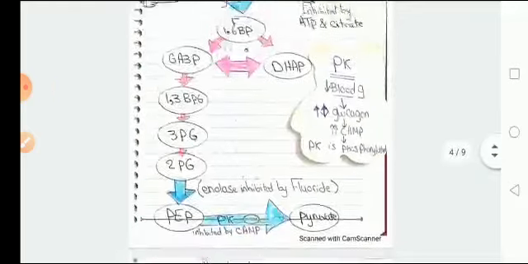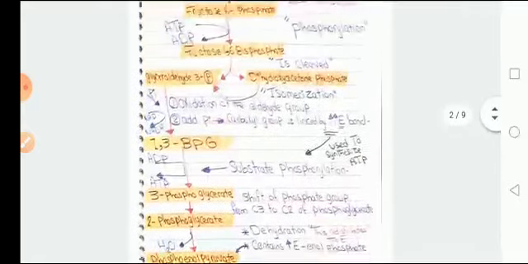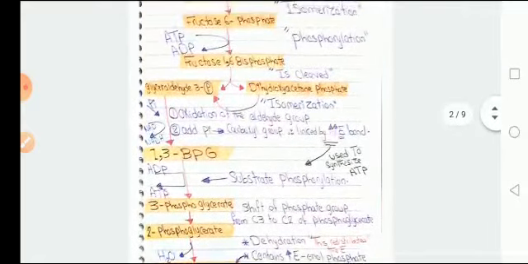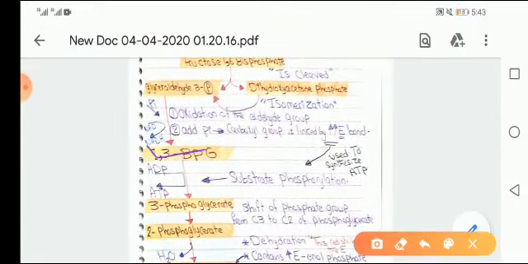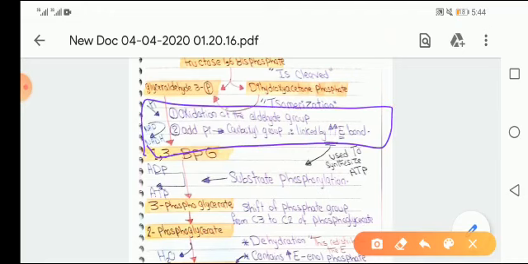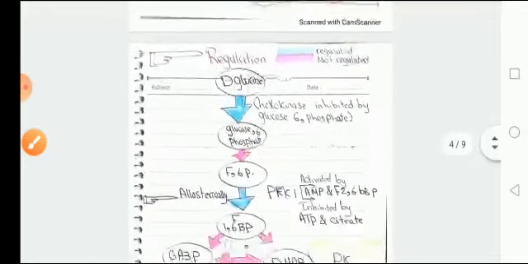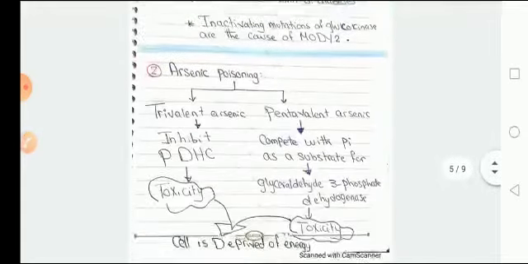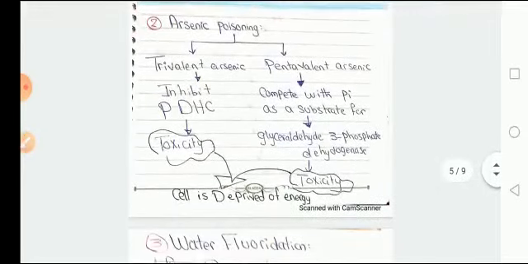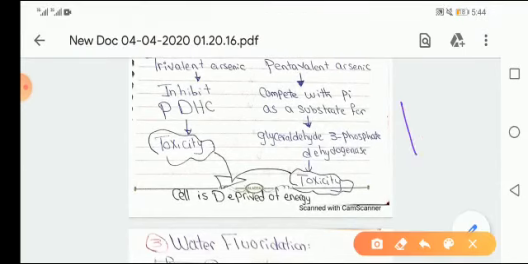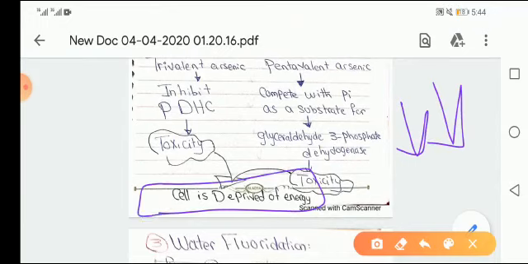We'll go back. This is the reaction which is inhibited. Once this reaction is inhibited, there would be less glycolysis. Less glycolysis, so less ATP produced, so my cell would be deprived of energy, leading to toxicity.